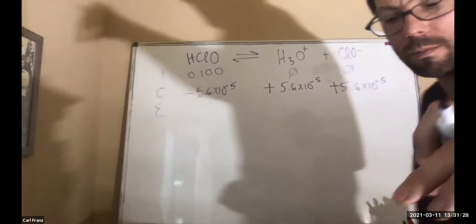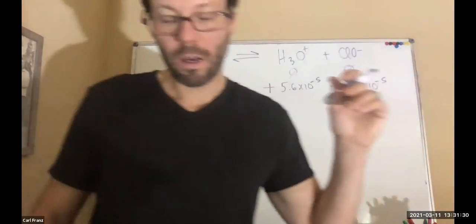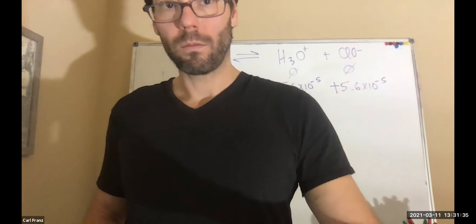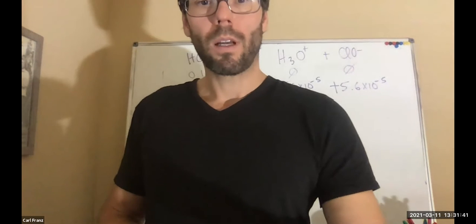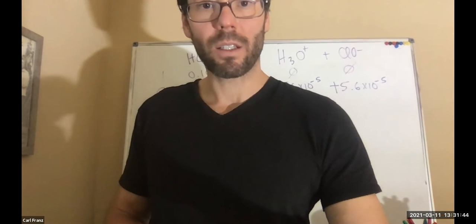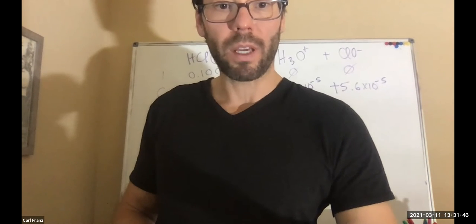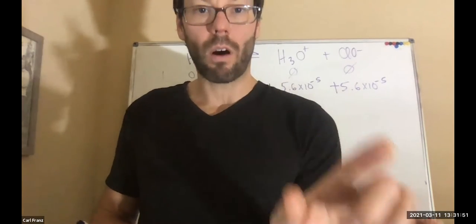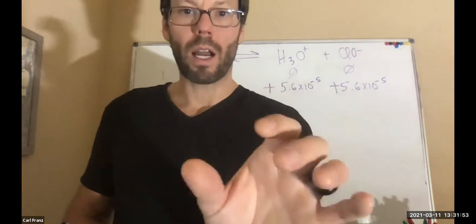Sorry, how did you get that? Oh, how did you get that 5.6 times 10 to the negative 5? That is 10 to the negative 4.25, sorry. We take it to the power of the pH. Because remember, the pH is the negative log of the hydronium ion concentration.